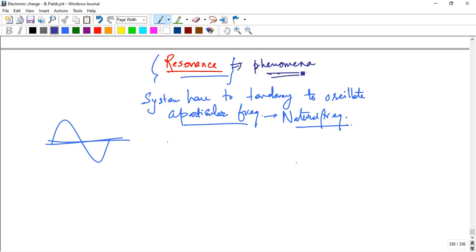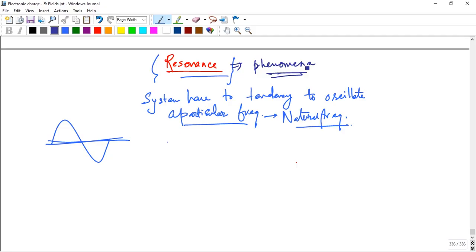The system oscillates at its natural frequency. A system means a circuit, and there is some input frequency that matches the natural frequency of that circuit. When they overlap, there is a maximum output, and this phenomenon is called resonance.